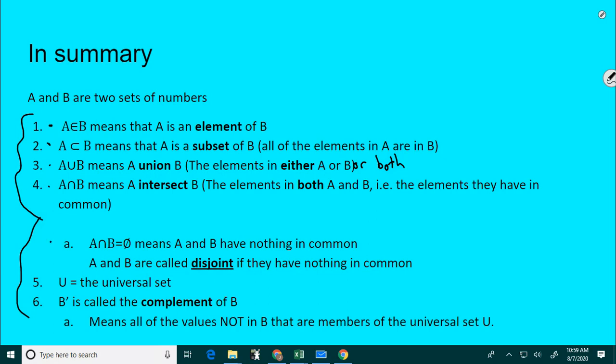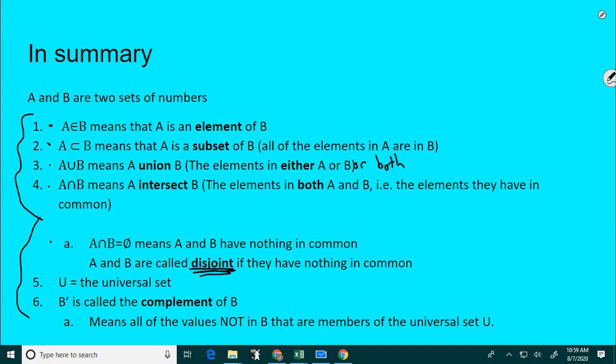All right. If our intersection is the empty set, that means they have nothing in common. Okay, so maybe if we didn't have any right-handed blue-eyed people, that intersection would be the empty set. There aren't any. Okay? If that happens, we say they are disjoint.